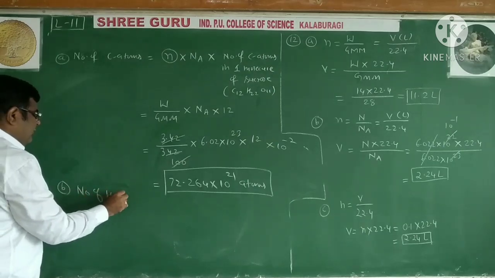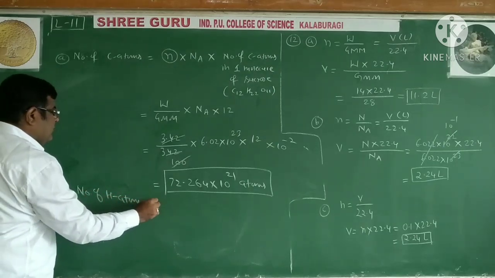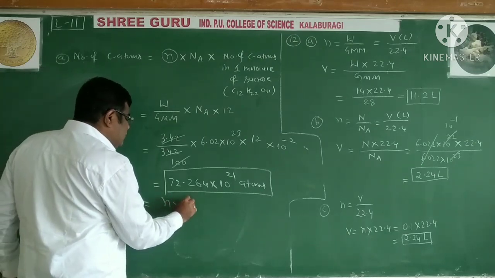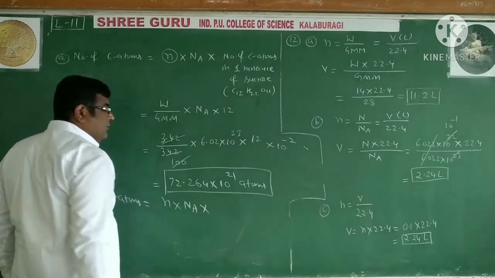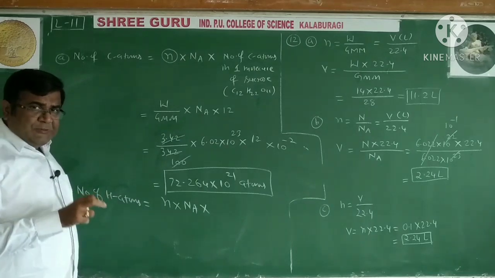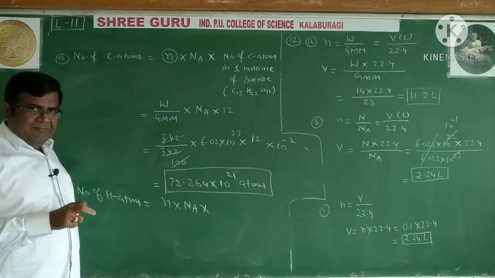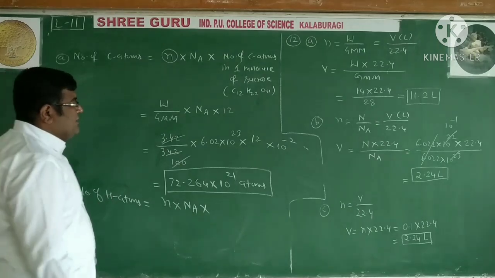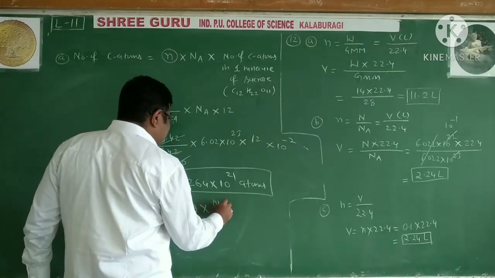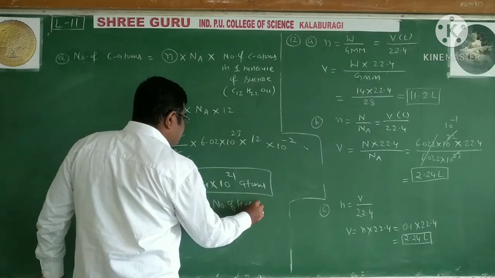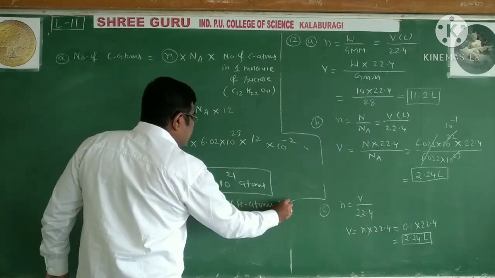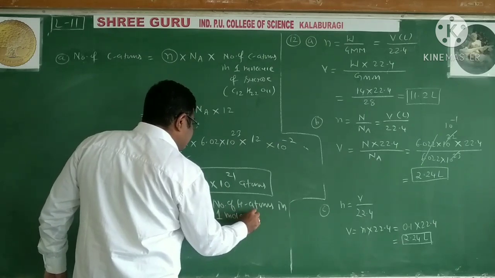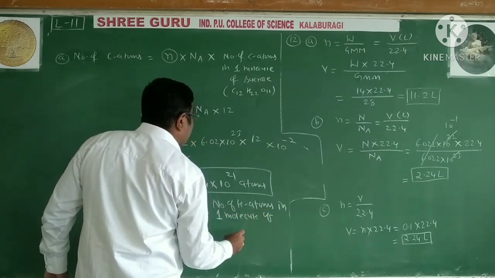Number of hydrogen atoms equals N into Avogadro number, that will give us the number of molecules in 3.42 gram. But they ask the number of hydrogen atoms, so we can say number of hydrogen atoms in one molecule of sucrose.